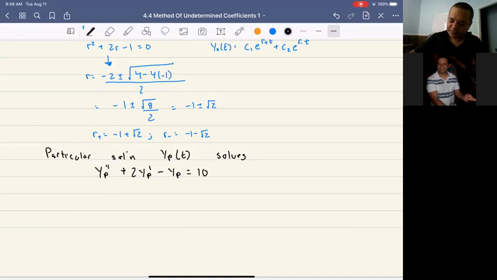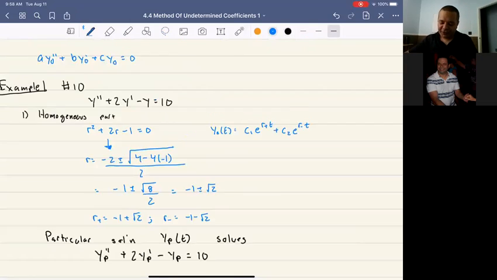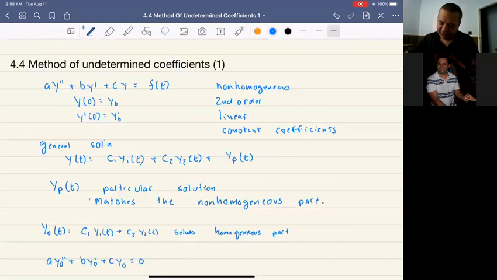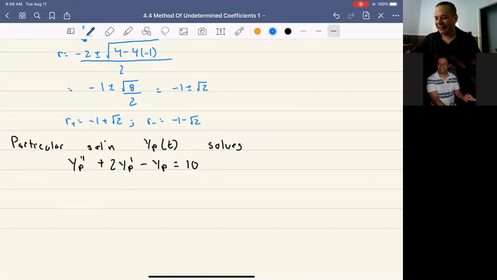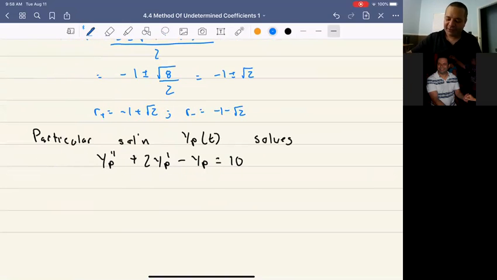Now, the method of undetermined coefficients is really an educated guess, or a good guess. So we're going to guess at a solution. Actually, we're guessing at the form of a solution.